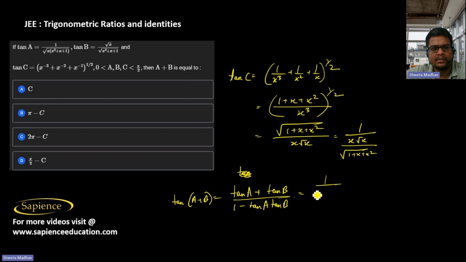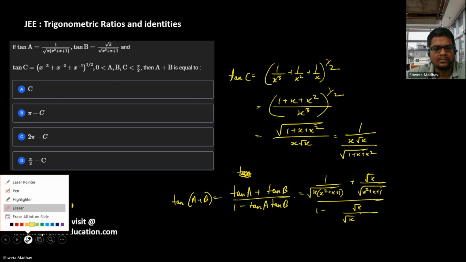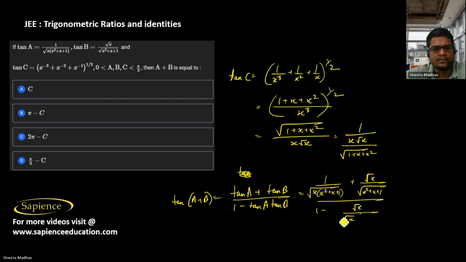So this will be 1 by root x into (x square plus x plus 1), plus root x by root over (x square plus x plus 1), divided by 1 minus tan A into tan B, that is root x by root x into root over (x square plus x plus 1).